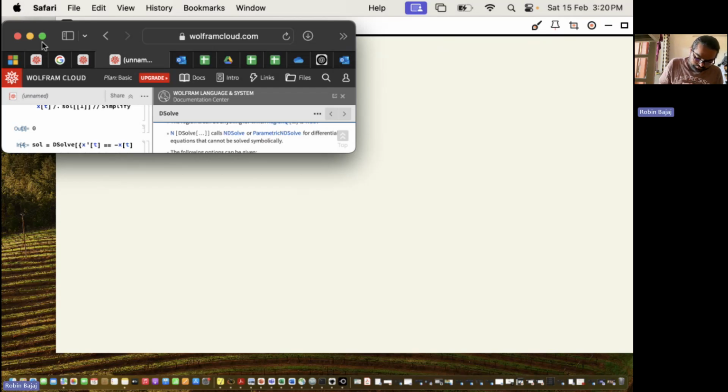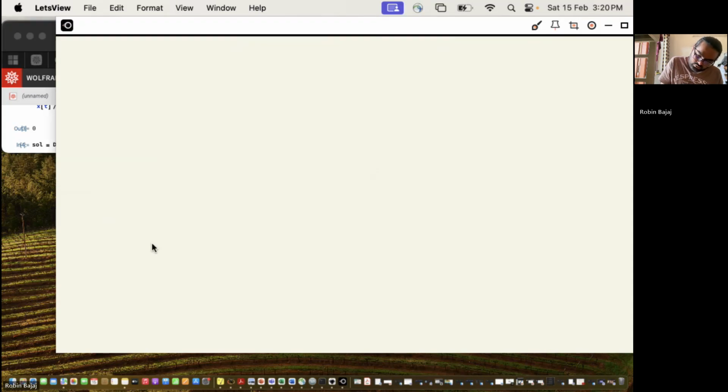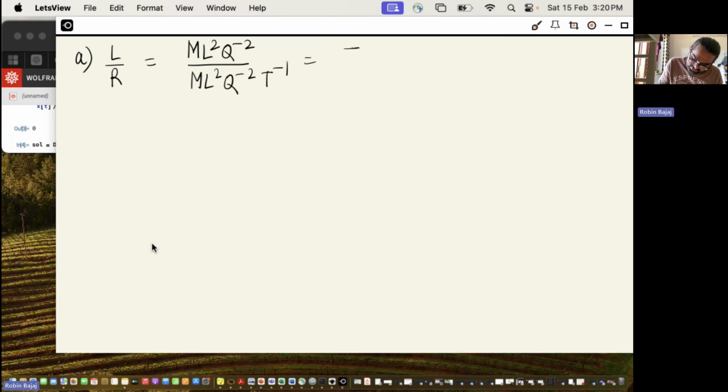Let's do that. Option A, L by R. Let's use the units now. It is M L square Q minus 2 by M L square Q minus 2 T minus 1, which is T, dimension of T. So this is definitely a correct option.